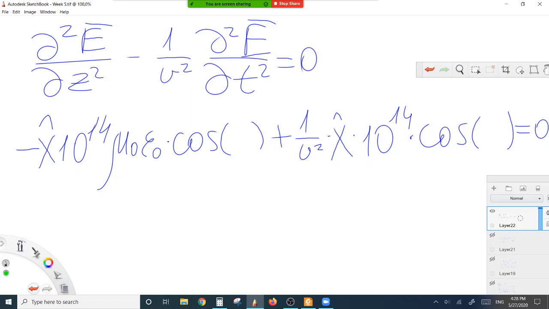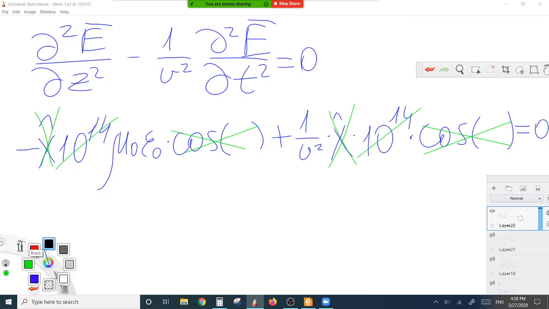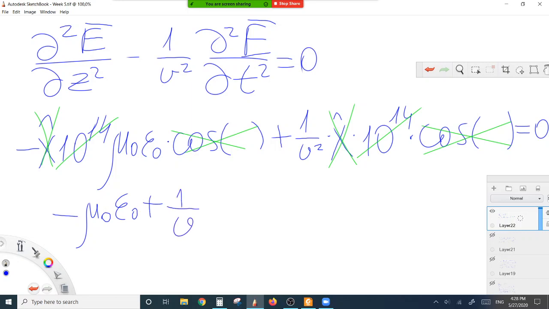And now we can simplify cosine, we can simplify unit vector x, we can simplify 10 to the power 14. And what we get is minus mu 0 epsilon 0 plus 1 over v squared equal to 0.